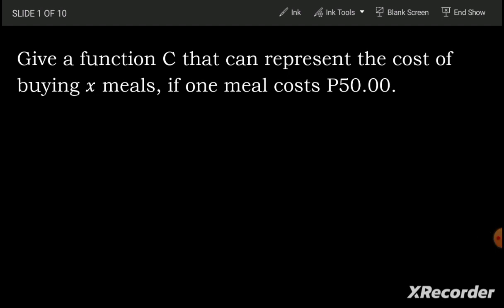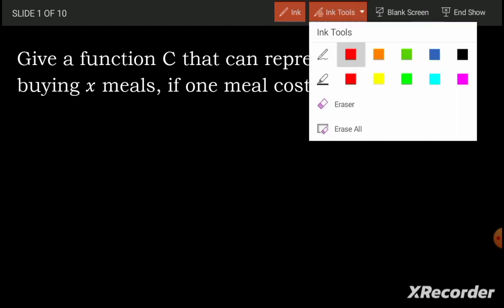First question, give a function c that can represent the cost of buying x meals if one meal costs 50 pesos. In this case, c is the cost, which is a function of x, where x is the number of meals to be bought.